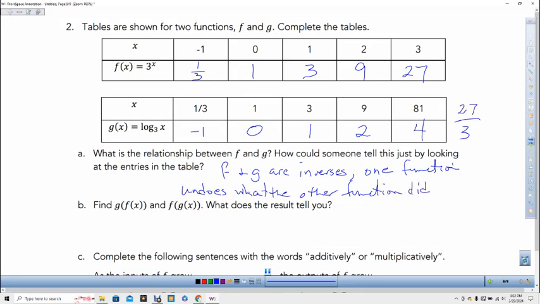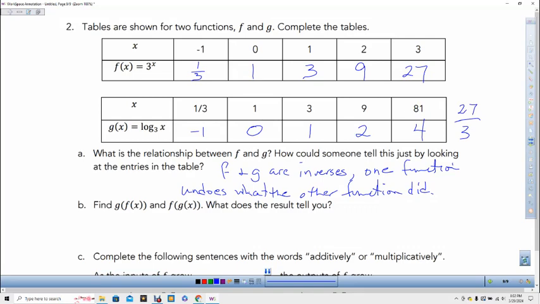And how do we know that? How can we look at this and tell? Well, if we plug in 1, we get 1/3 in this one. And if we plug in 1/3, we get negative 1. We plug in and it gets this, and then we take that and plug it into the other one, and it gets us the thing we started off with. And that's true all the way down through here.